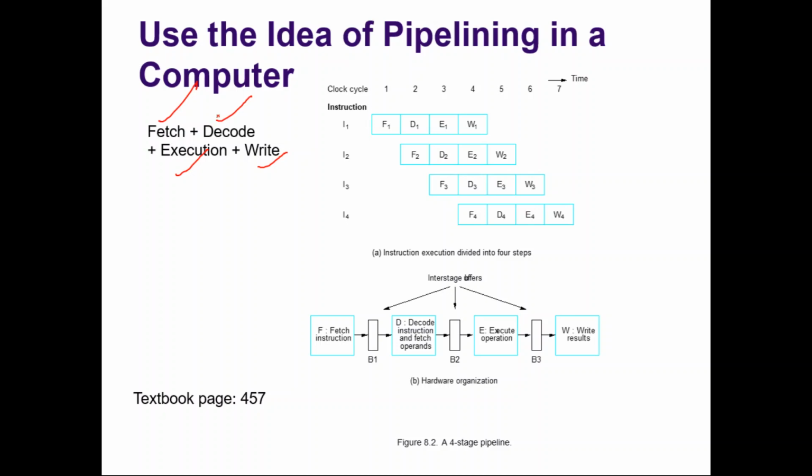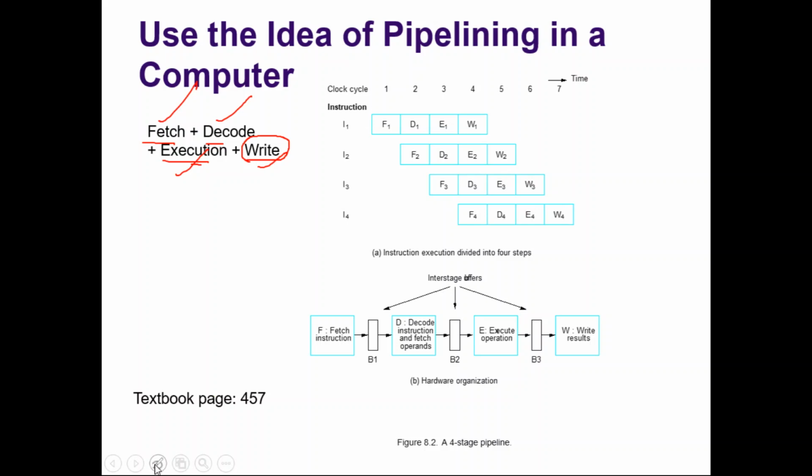During the decode stage the instruction will be decoded and the operands will be fetched. After decoding, some source operand or destination operand, source means the input operand, destination means the output operand, all those things will be fetched and then the instruction will be executed. Then the result will be returned either to some memory location or to a register. These are the four stages in the pipeline: fetch, decode, execute and write.